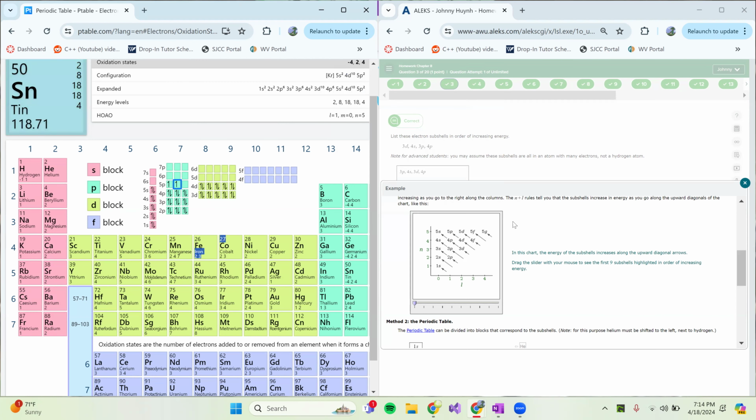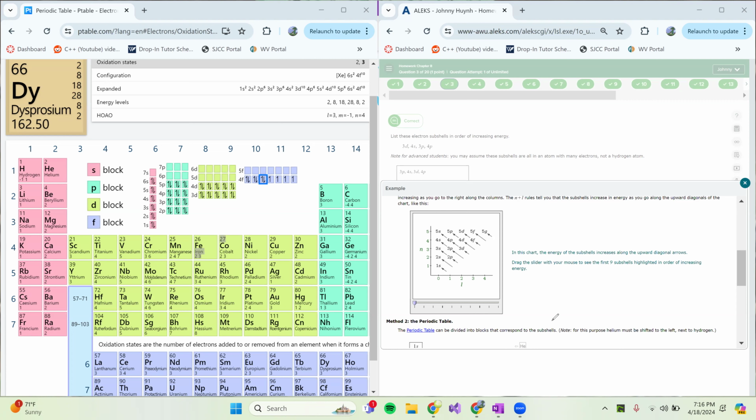And then you can also look at this. This is showing you how the electron suborbitals get filled up. That way you don't have to memorize anything to know the order of the subshells.